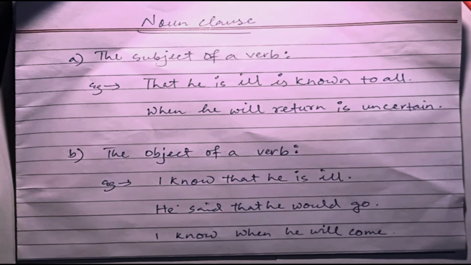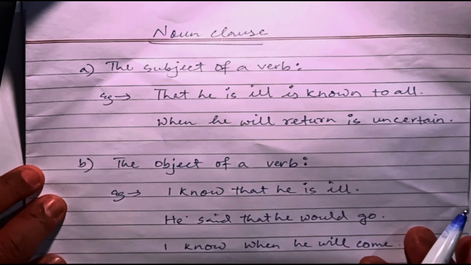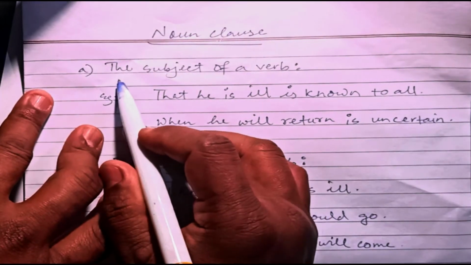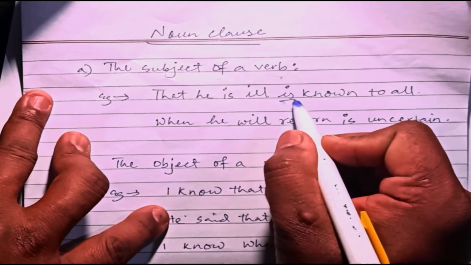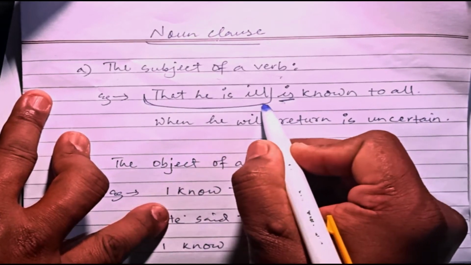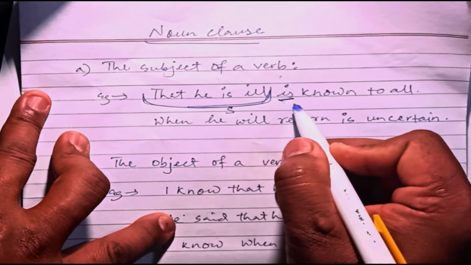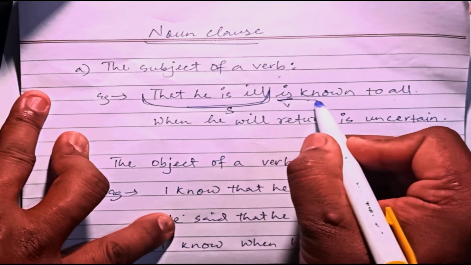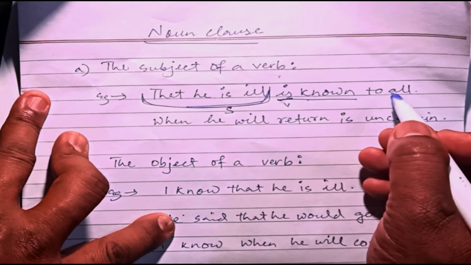Now let's talk about a noun clause. There are various ways of understanding a noun clause. First of all, let's talk about the subject of a verb. You look at this, we have a verb here, and this is our clause. Okay, we have a subject, verb, and this is our verb together, is known, past participle, that means passive form.